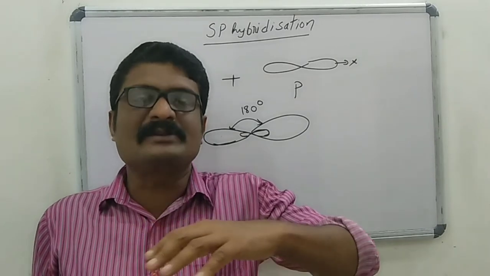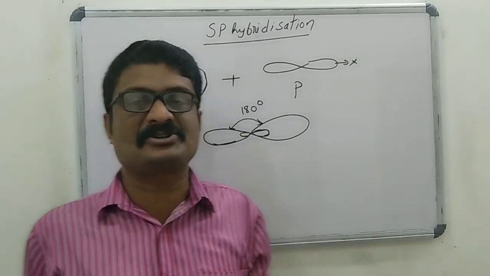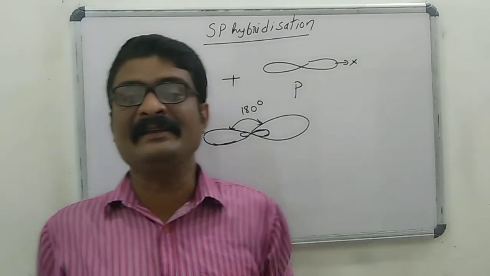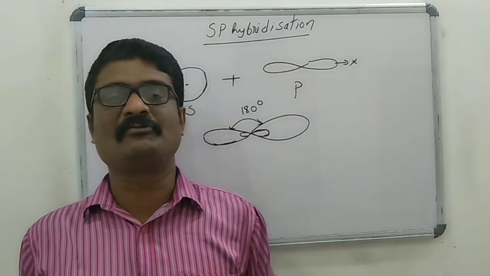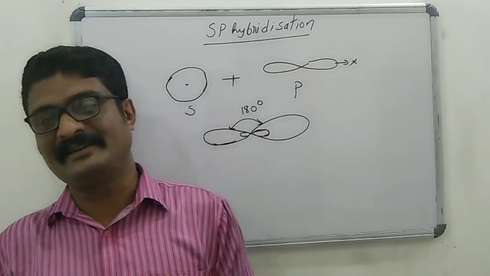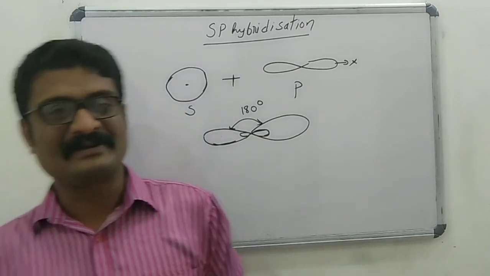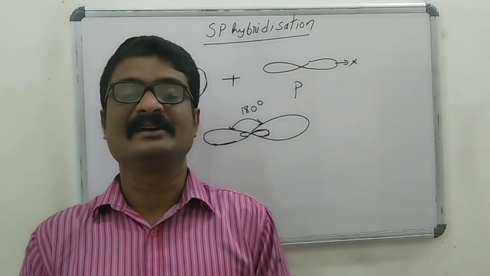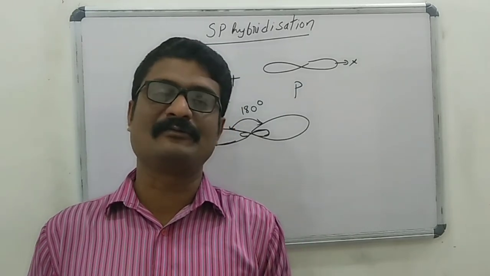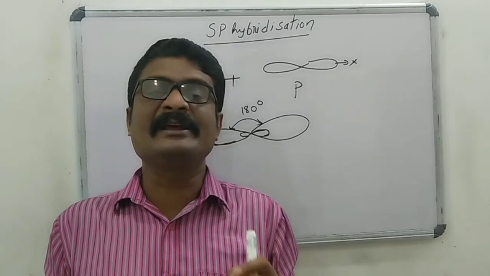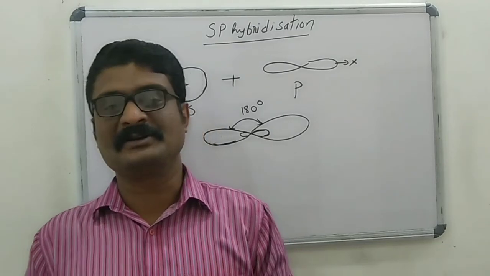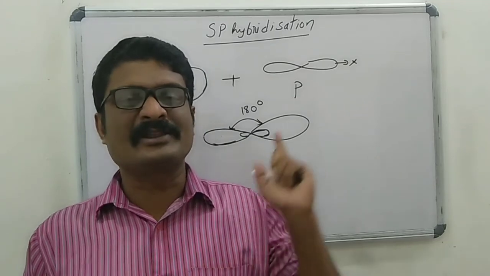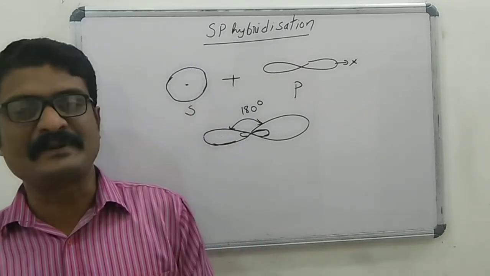The hybrid orbitals formed are directed along a line with an angle of 180 degrees. Next, let us study the formation of beryllium chloride, BeCl2 molecule, on the basis of sp hybridization.